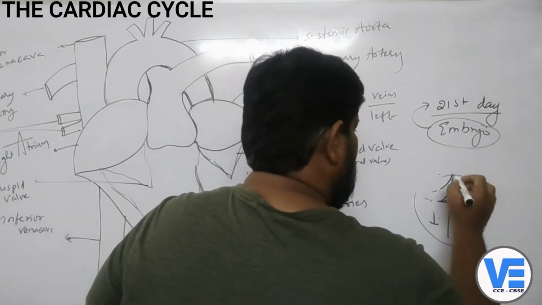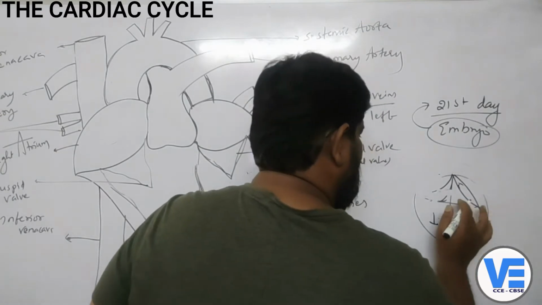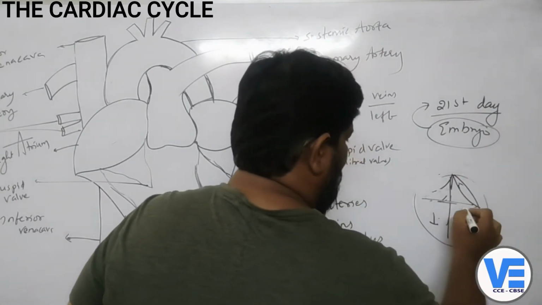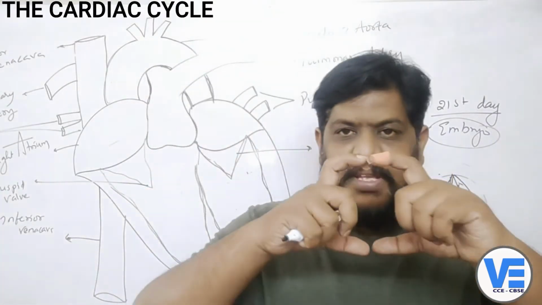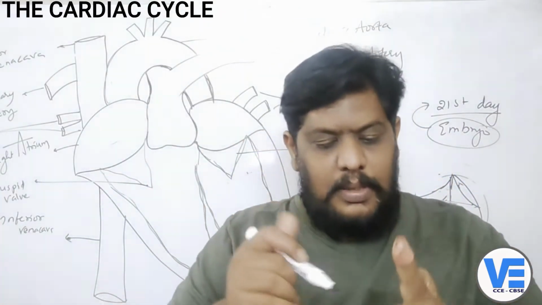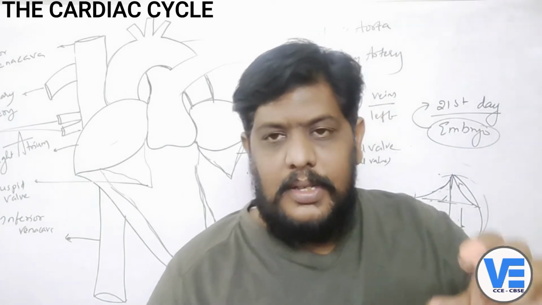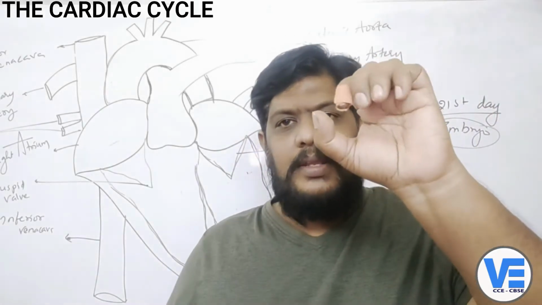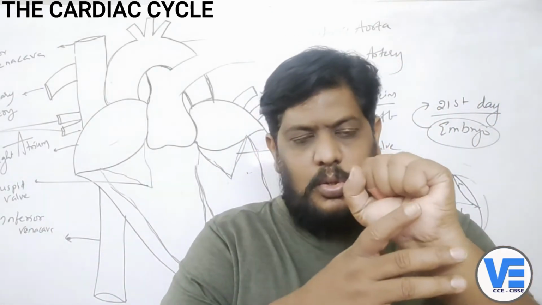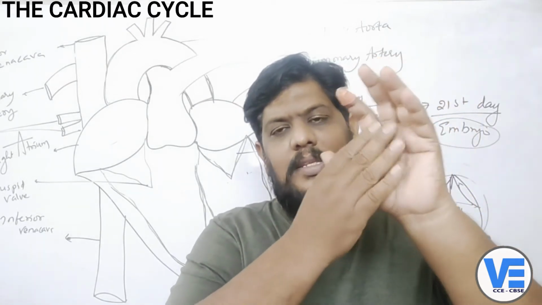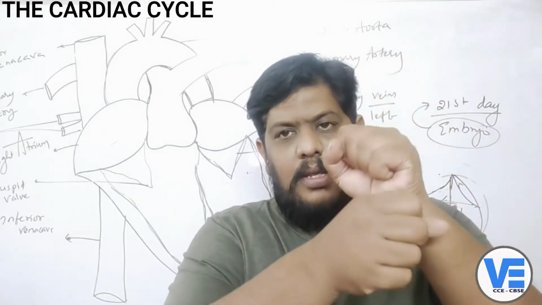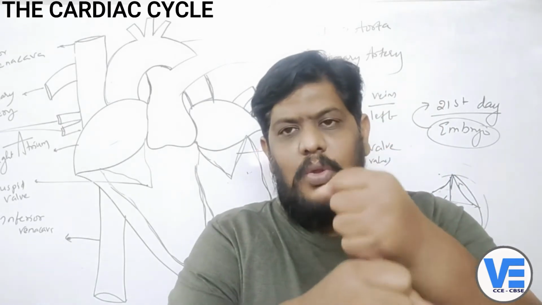If they remain the same, the blood will not come into the ventricles. The auricles should contract and press so that the blood inside this cavity goes into the next cavity, the ventricle.